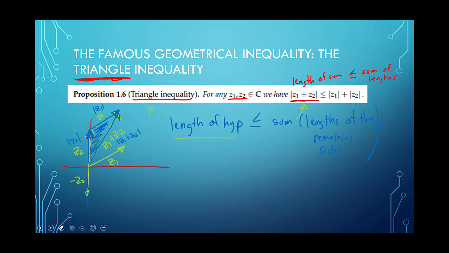Again, using what's called the tail to tip method. So here's minus z2. So there's z1 minus z2 there. Okay, this vector right here.